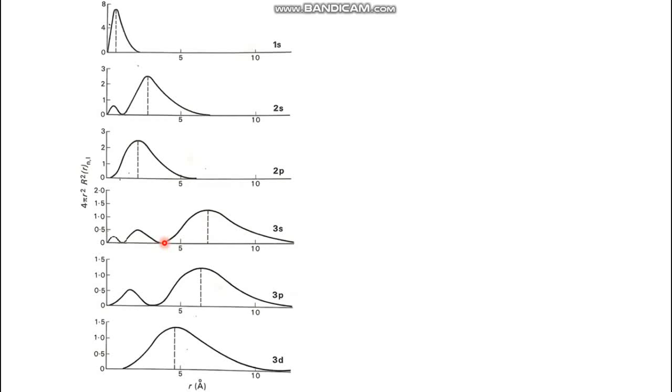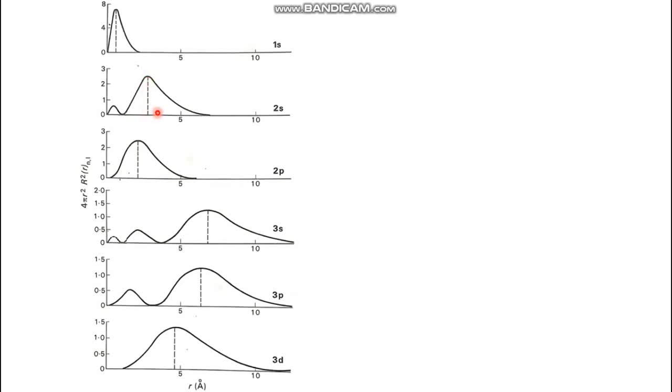Now if we move on to the p orbital, then we shall find that it does not have any node or nodal point, but its maximum probability has shifted to the left compared to the maximum probability of 2s.